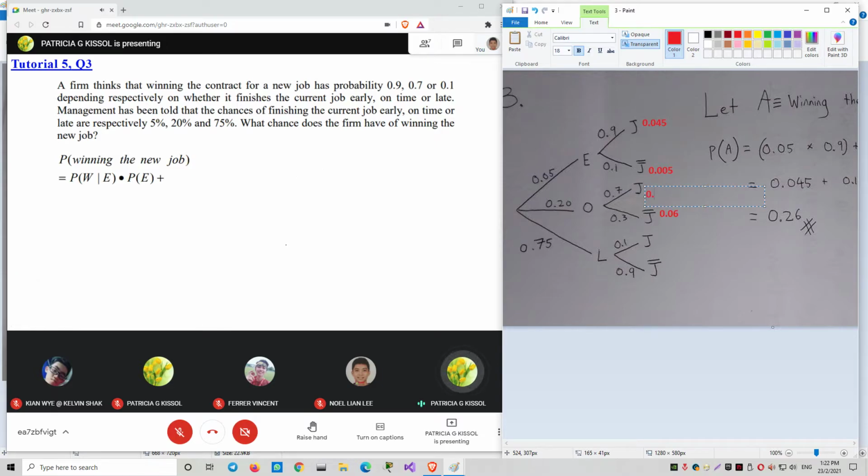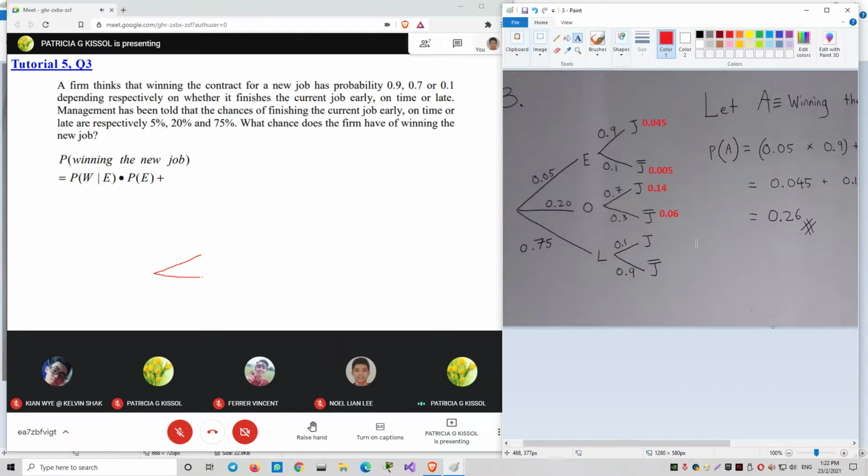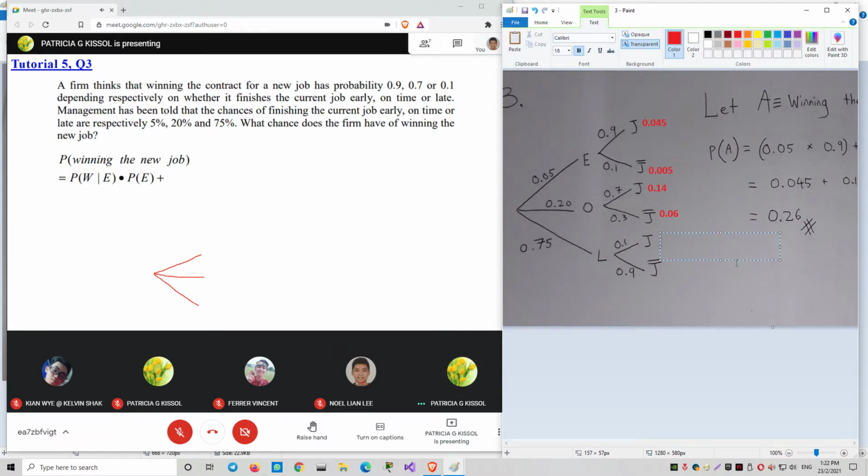Because I didn't draw it here, let me draw it here. We have 3 branches. So it could be early, on time, or late. So these are the values of 0.9, 0.7, or 0.1.